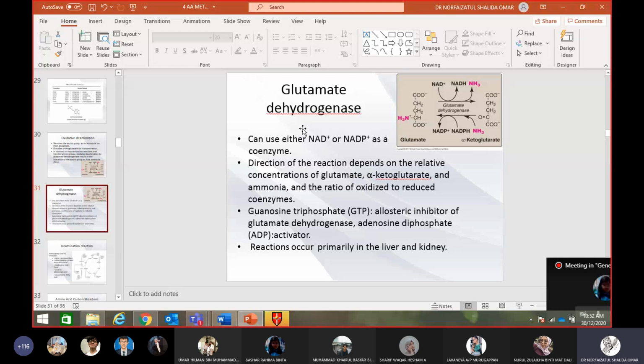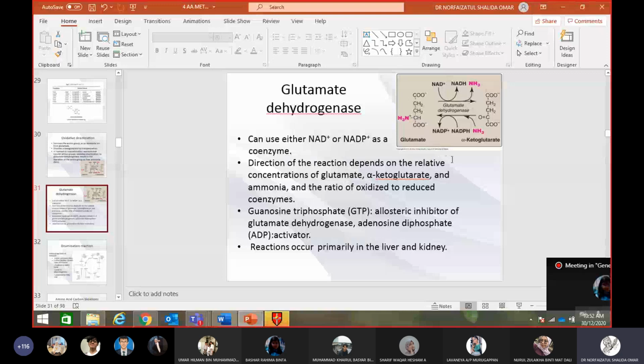The reaction also depends on the concentration of glutamate. Usually this reaction occurs primarily in the liver and the kidney, and it also occurs in the muscle and other tissues, when you want to transport ammonia to be excreted out of our body through the glucose alanine cycle.